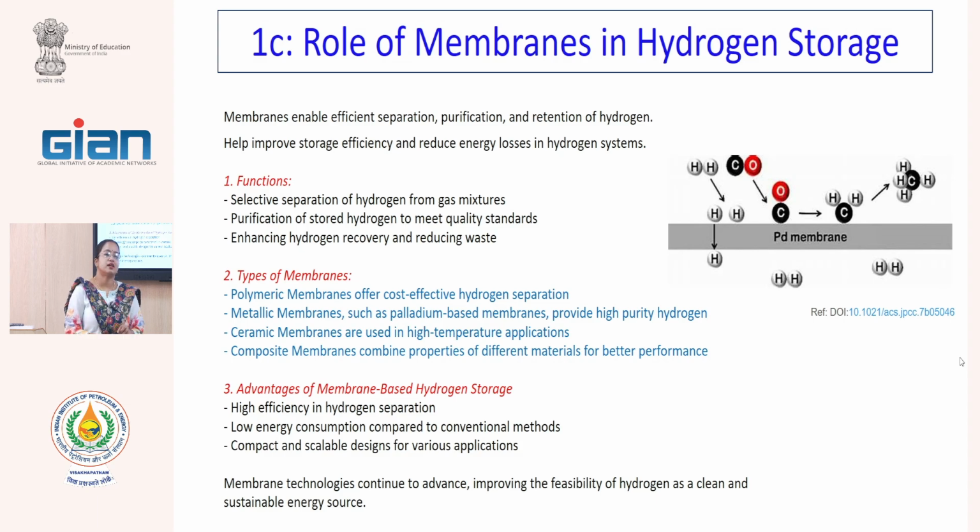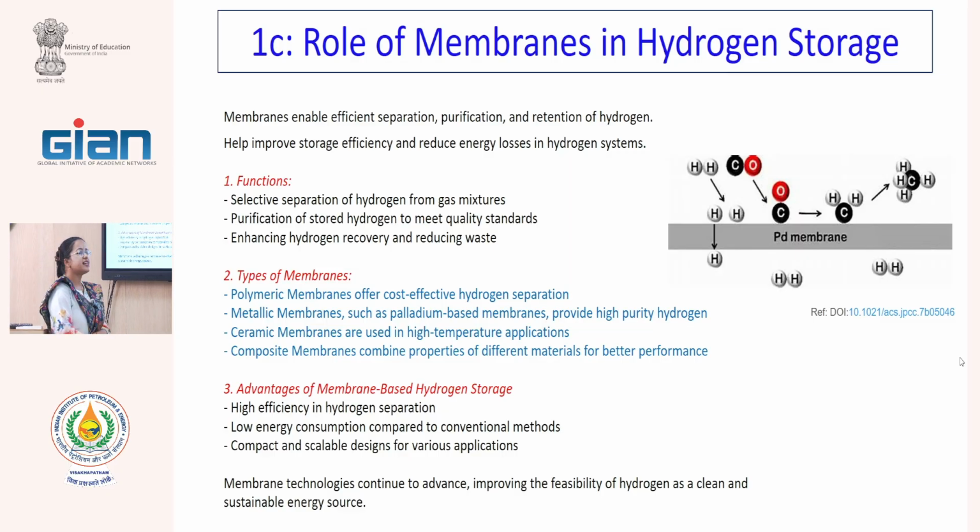So just keep in mind that if we want to have a very dense polymeric membrane for this kind of application, we want it not to be prepared by a non-solvent technique, but to be prepared by a solvent evaporation technique. So this metallic membrane and polymeric membrane can be a very cost effective solution, but at the same time it offers a lower selectivity.